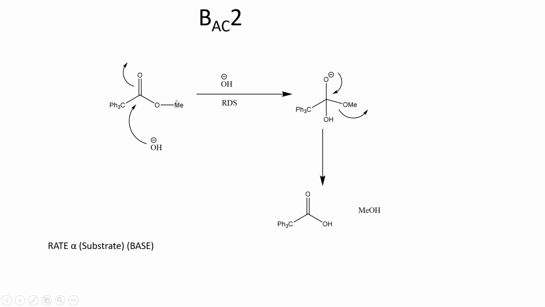That is, the first step becomes the slow step because of the sterically hindered position where the base cannot attack. So the reaction becomes bimolecular, that is it depends on base as well as substrate. After that the mechanism is clear. Here it is a similar mechanism to BAC1.